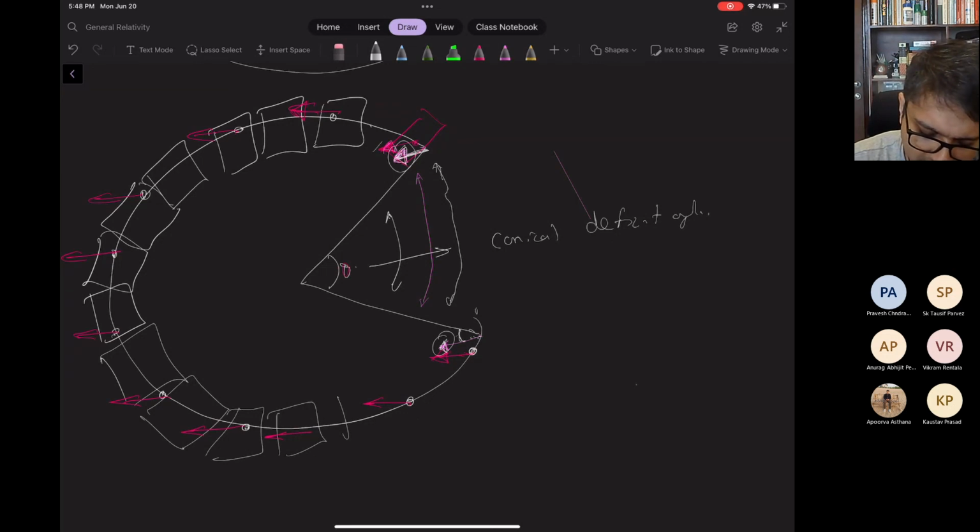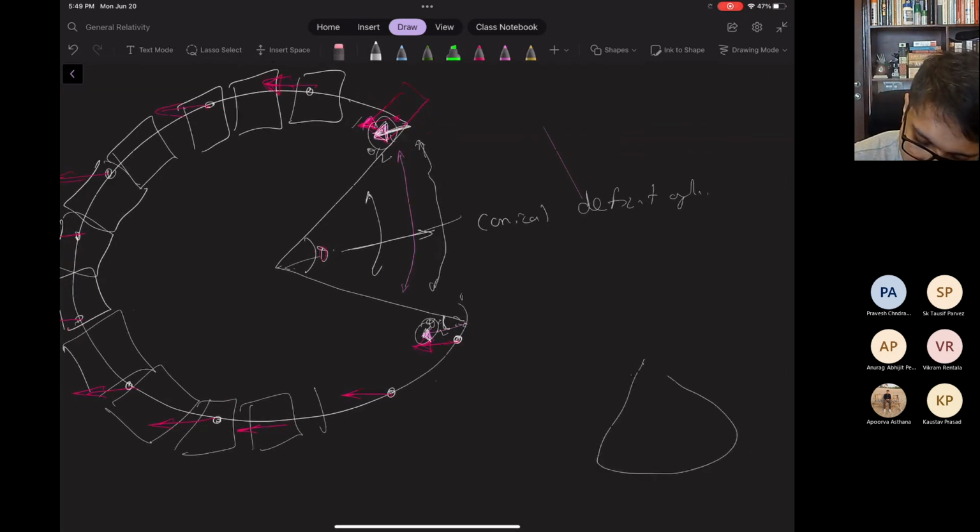This angle is theta by 2, and this angle is theta by 2. So when I glue them together, you will find that this vector and this vector differ from each other by an angle theta. At the point where I glue this cone together, this vector points theta by 2 this way, and this other vector points theta by 2 the other way. So the angle between these two vectors is theta.